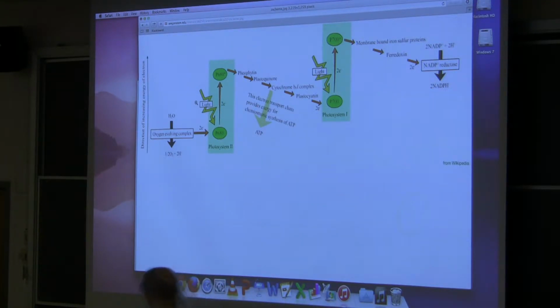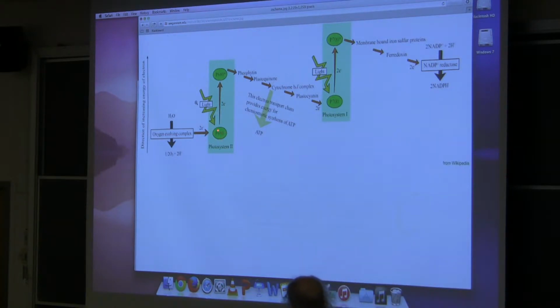In this case, the photon interacting with the chlorophyll causes an electron within that molecule to get excited, so excited that it actually leaves the molecule.